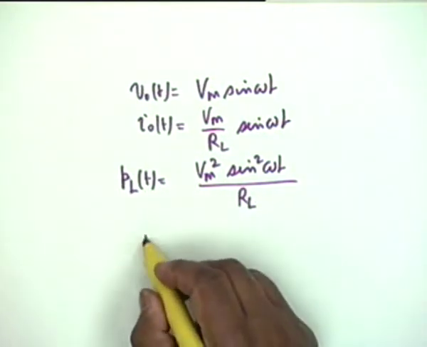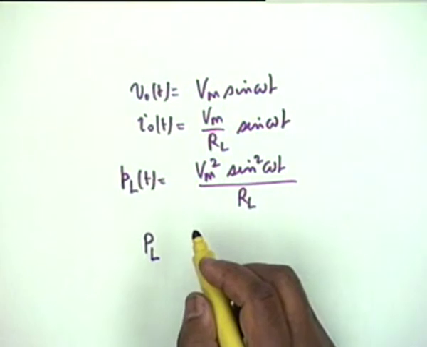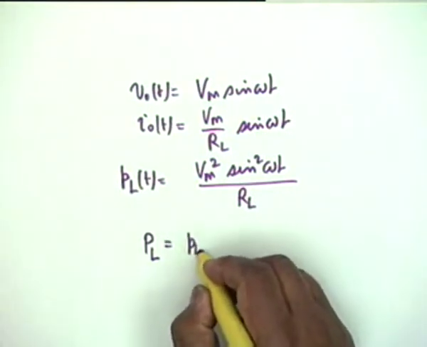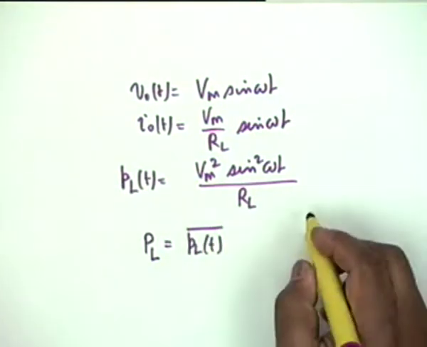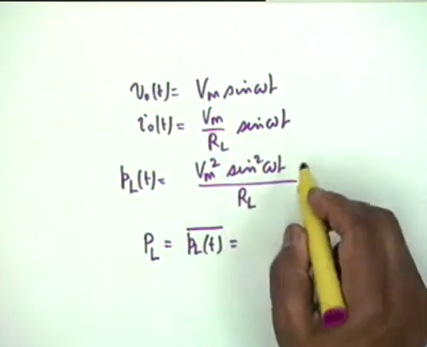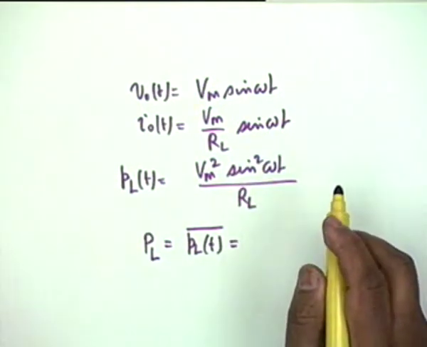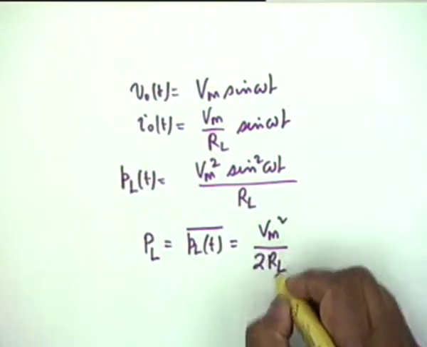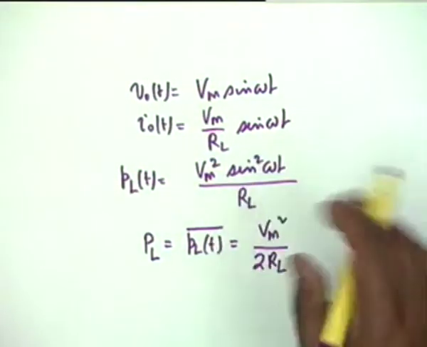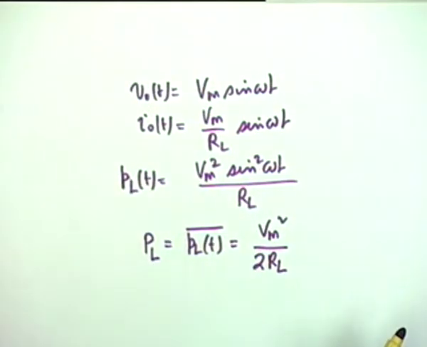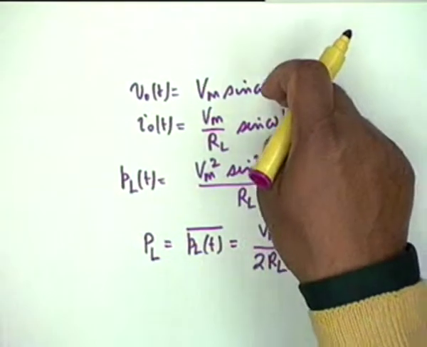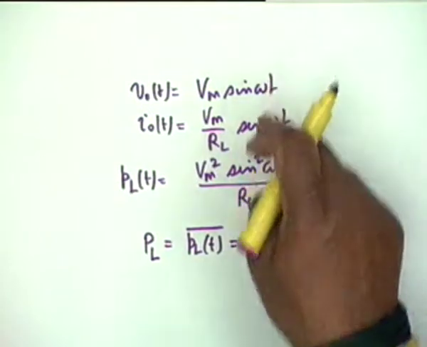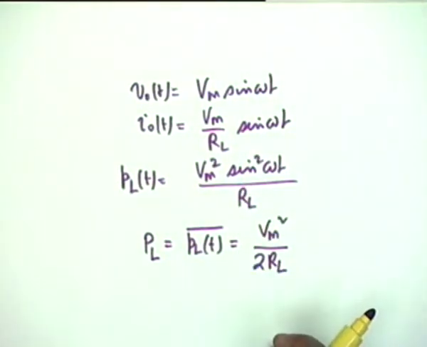And the load power, which is the average value of PL(t), with the average value of sine squared omega t being half, would be Vm squared by 2RL. We could write this down without going to the average value, because if this is the voltage across the resistance RL, the power dissipated is Vm squared by 2RL.